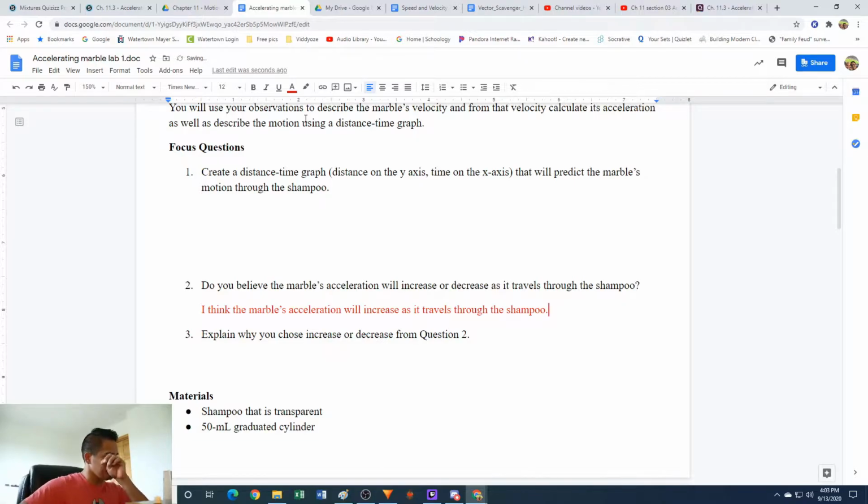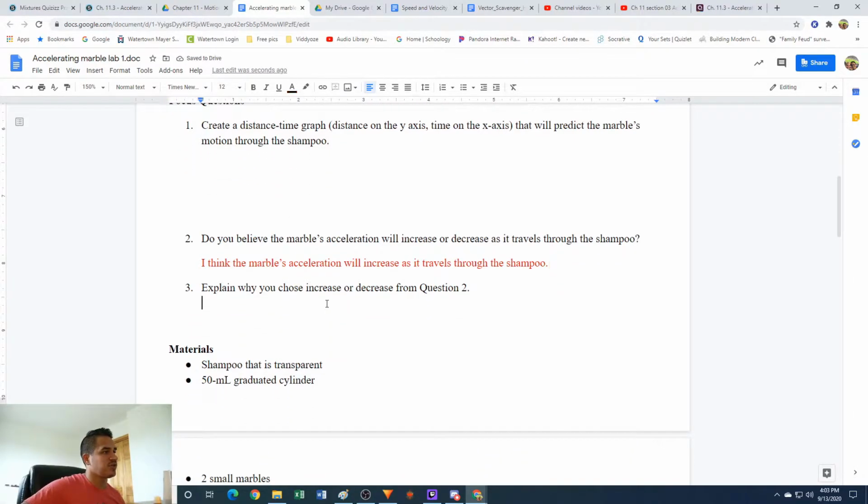All right, and then question three, explain why you chose increase or decrease. I specifically chose increase because gravity, of course, is going to pull it down. And as things fall, they usually speed up, right? Gravity causes things to speed up, so I would assume this is going to be no different. It just will take longer, maybe. So I'm going to put down something like that.